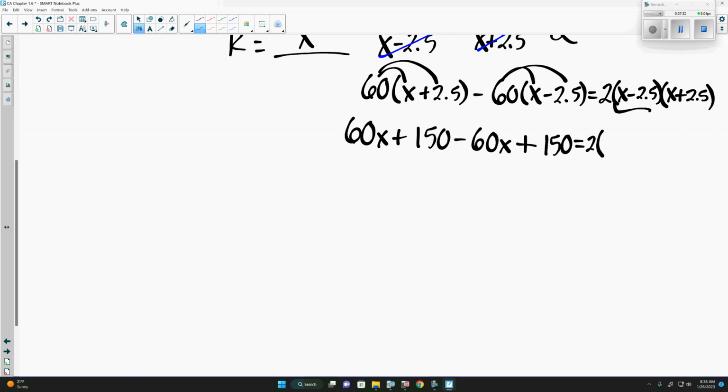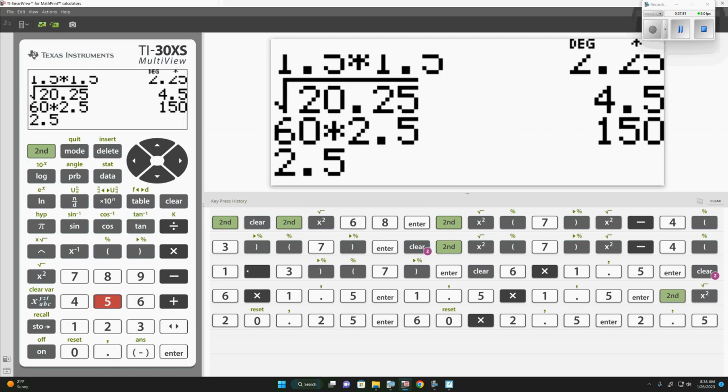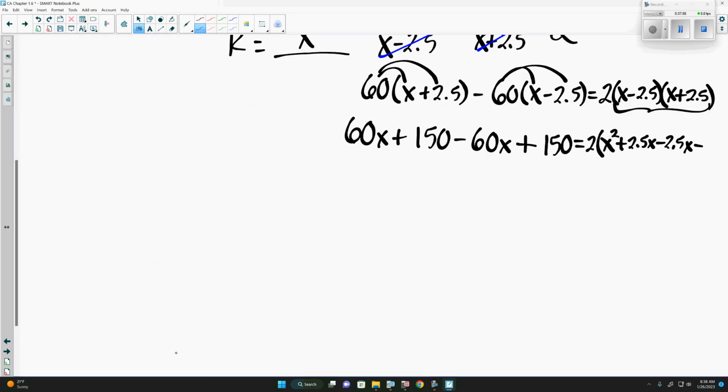It's going to be better to distribute these first instead of trying to multiply them together and the 2 all at the same time. x times x is going to be x squared plus 2.5x minus 2.5x minus, so 2.5 squared is 6.25.